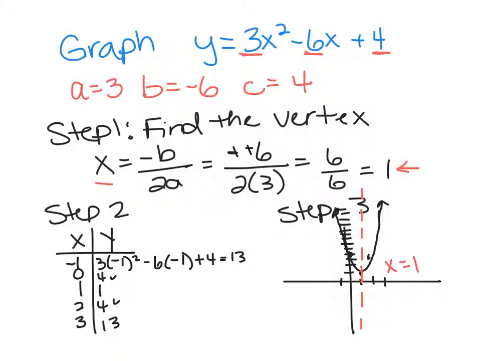Right? So the last part here, a few of the questions are going to ask us about the max or the min. And so you can look at a problem and know whether it's going to have a max or a min. In our example here, this vertex is a minimum because it's the smallest point on the graph. Anytime a is positive, that means the graph is going to open up, and that means that the vertex will be a minimum.